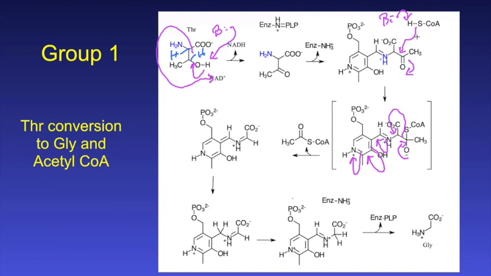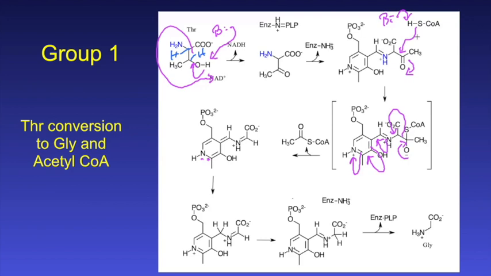So I have an acetyl-CoA fall off, and then I have all of these double bonds in the conjugated system move around to where I have a lone pair of electrons sitting right there. And that's a pretty good leaving group because I went from what would be a charged leaving group into a neutral leaving group.